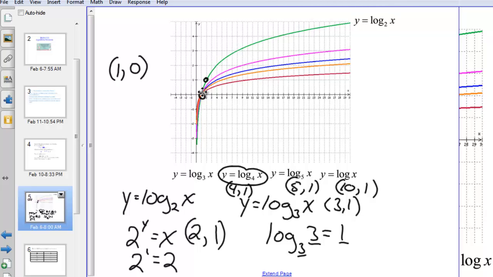The graph that goes through the point 3, 1 is this purple one. So log base 3 of x is going to be the purple. And we can see that the graph that goes through 4, 1 is the blue. And the orange goes through 5, 1, so that's log base 5. And finally, the one that goes through 10, 1 is log x.